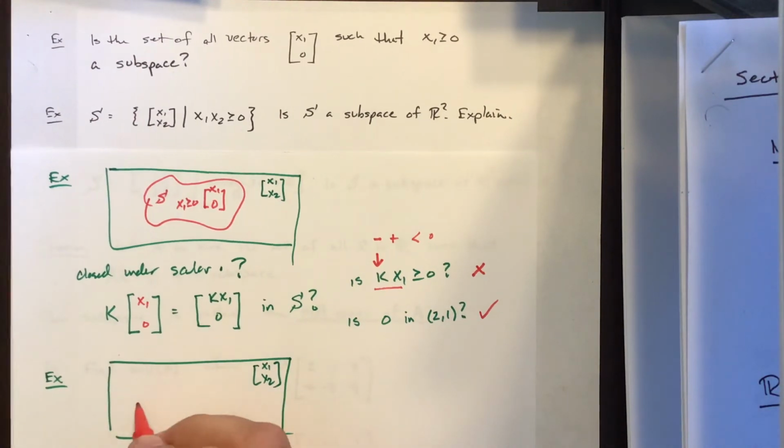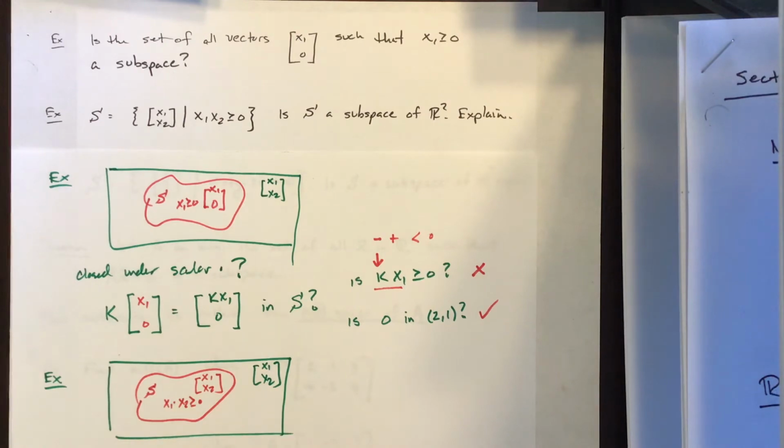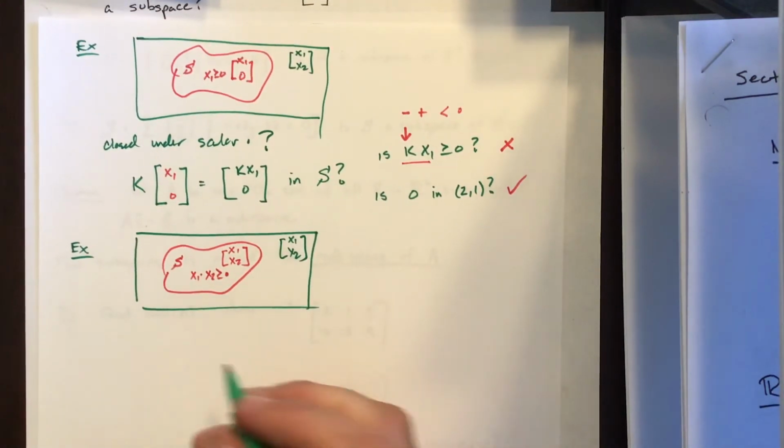The subset is a little different. They're real numbers x1, x2, such that x1 times x2 is greater than or equal to 0. That one, I believe, should work well under scalar multiplication.